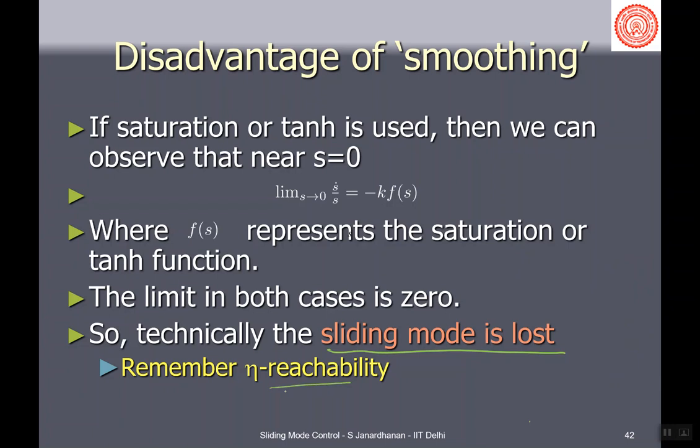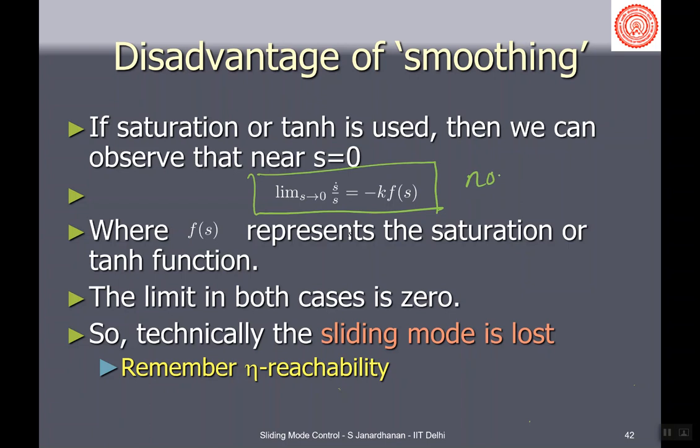Remember the reachability condition, that it should happen in finite time. S dot less than 0 was not enough. S tending to 0 as t tends to infinity was not enough. Something stronger was desired. What is actually desired is that this relationship be satisfied.